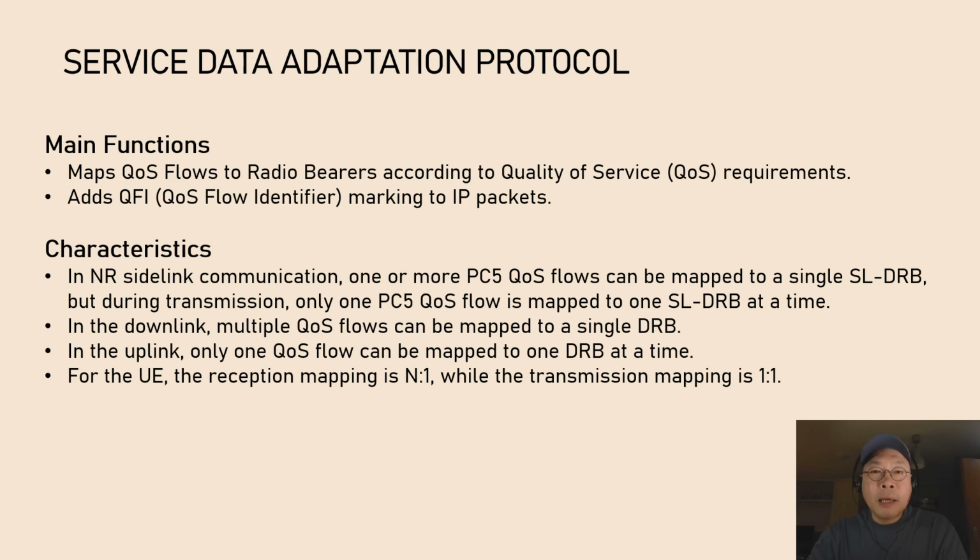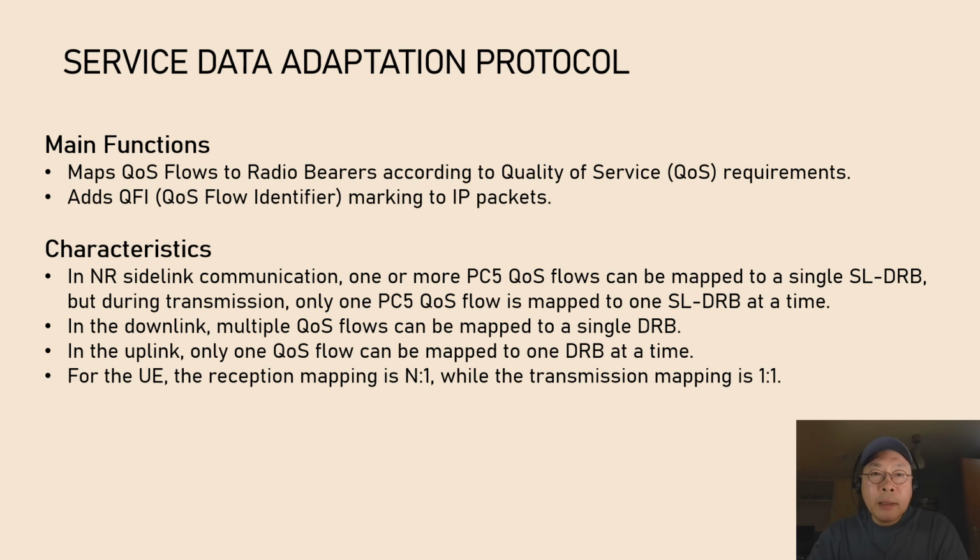In NR sidelink communication, multiple PC5 QoS flows may be mapped to a single SLDRB. So during transmission, each flow is associated with only one SLDRB at a time.